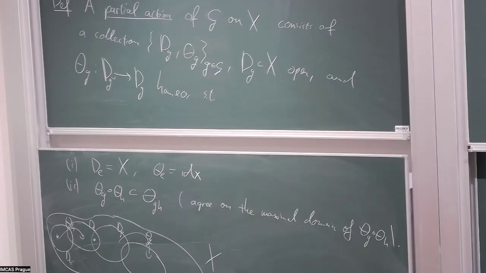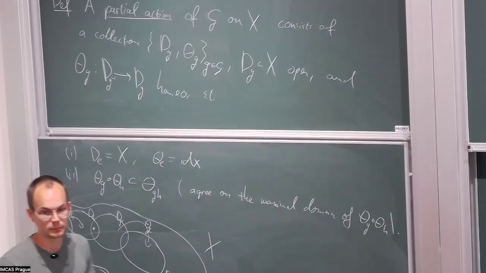That should be non-empty. If that's empty, you have nowhere to go, basically. And then that should agree, like if it is possible to go along the action twice, then also theta_{gh} should be defined and it should take you to the same point.